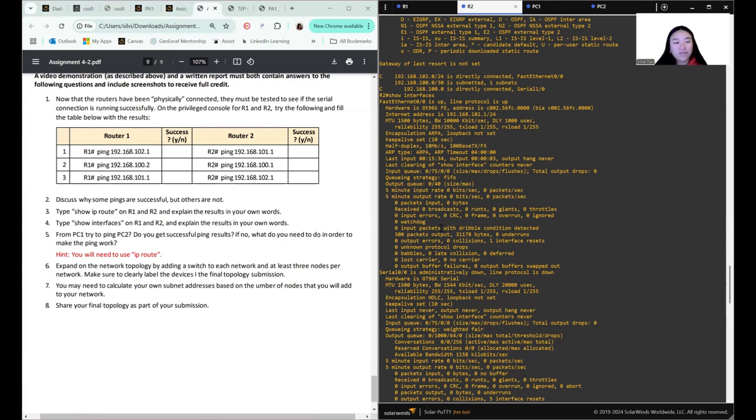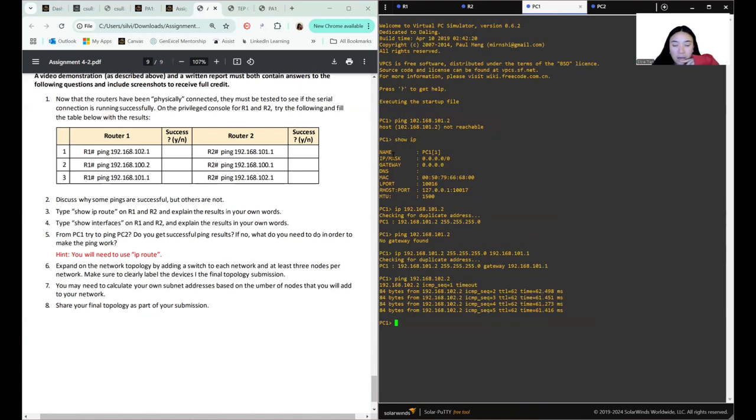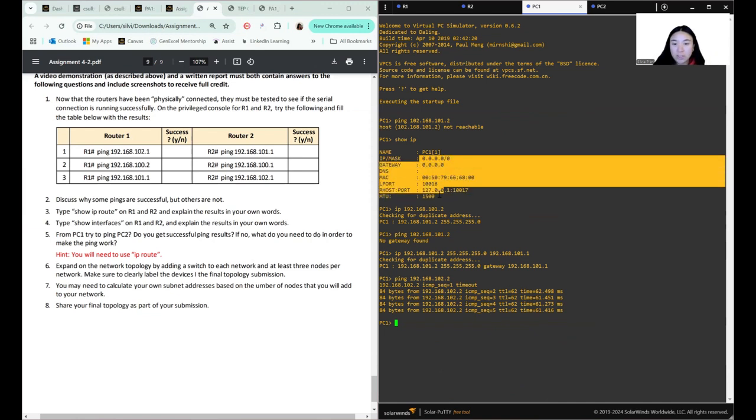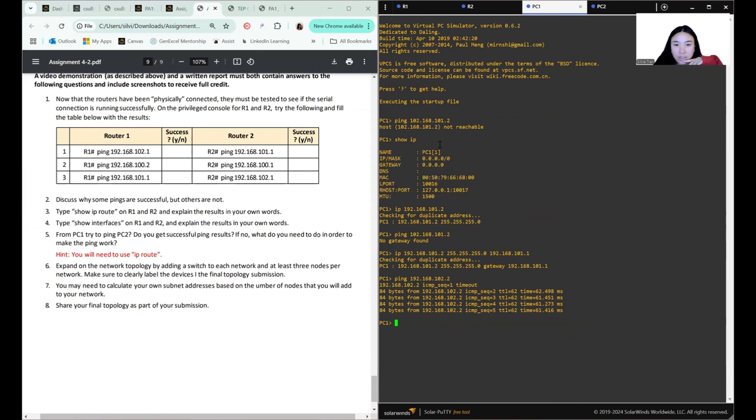And then question number 5, from PC1, try to ping PC2. I tested that right here on this line, using the ping command, and it said that the host was not reachable. So in order to make the ping work, first I used the show IP command just to show whether or not it was given an address, and of course there was no address assigned to it because I had not done that yet.